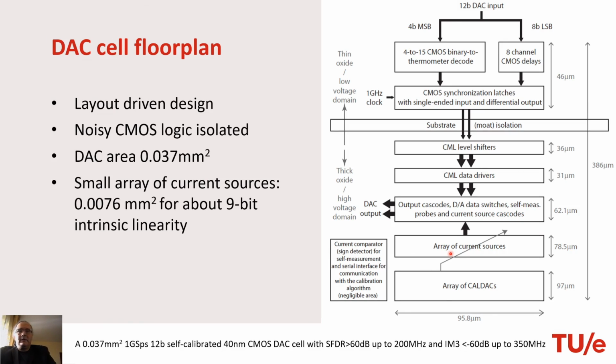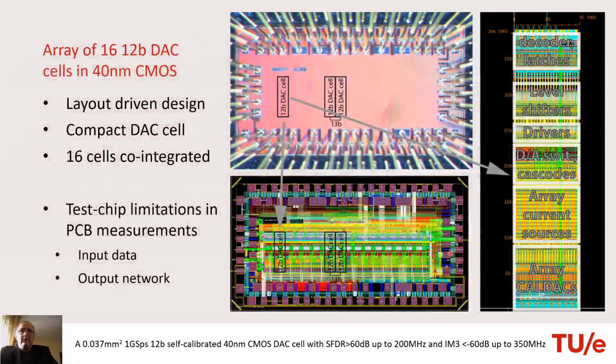Then we put this 12-bit single DAC cell together with 16 others. So these are 16 cells. You see that it's a very compact, rectangular shape, so that integration is enabled. But in the measurements, of course, this is a test chip.